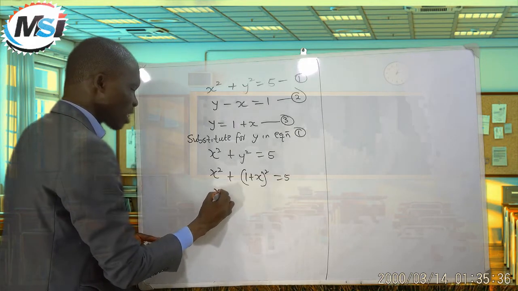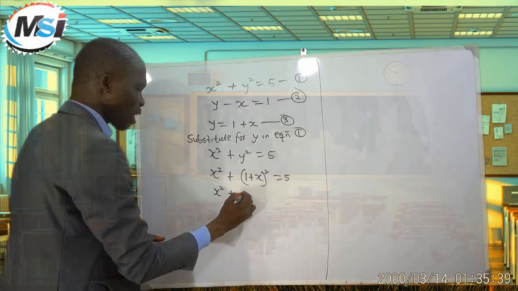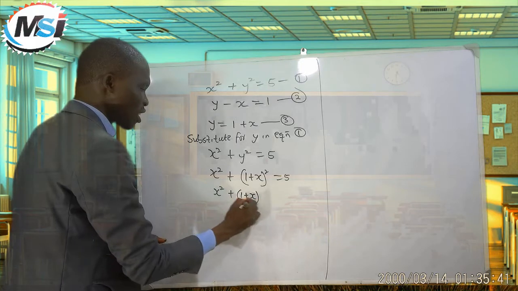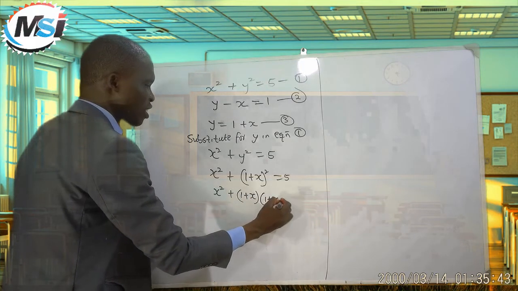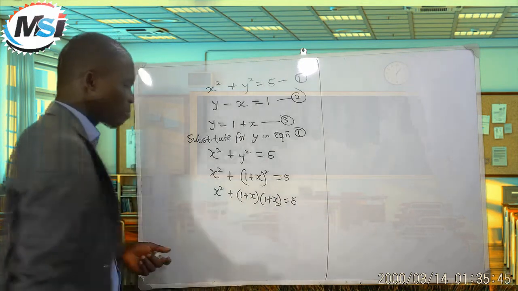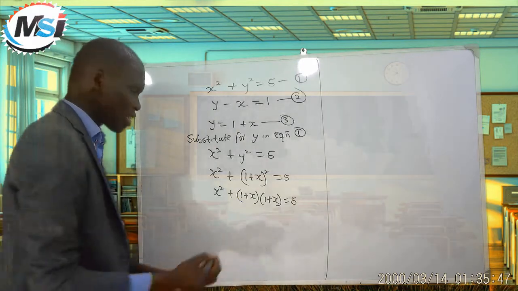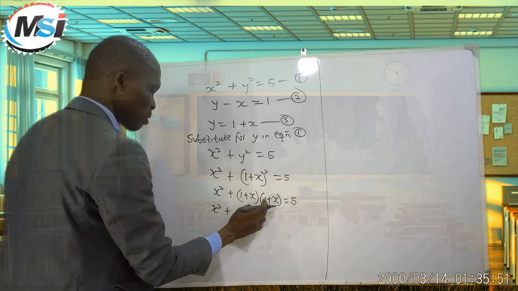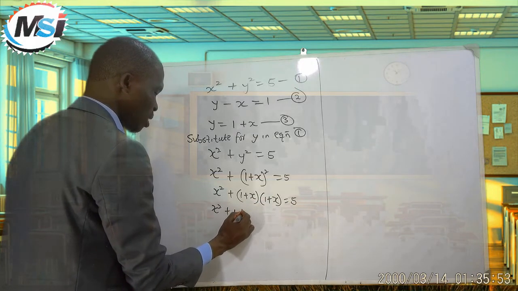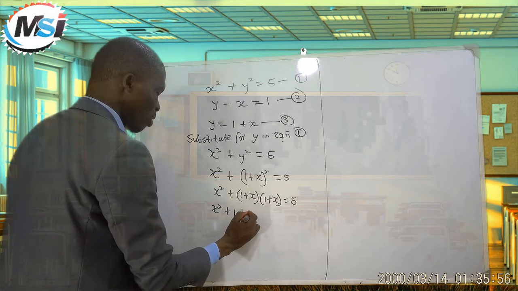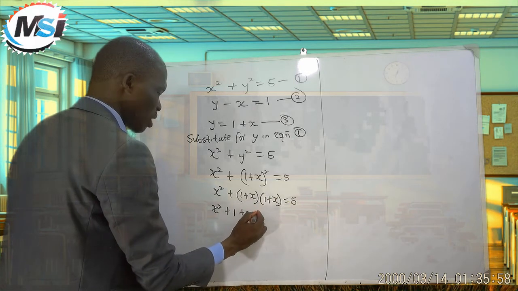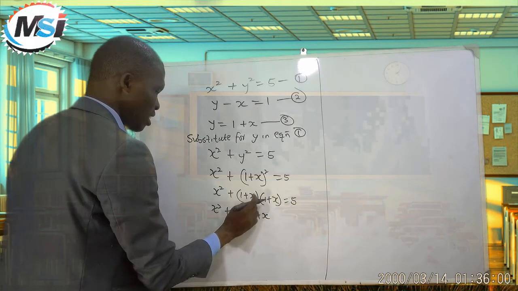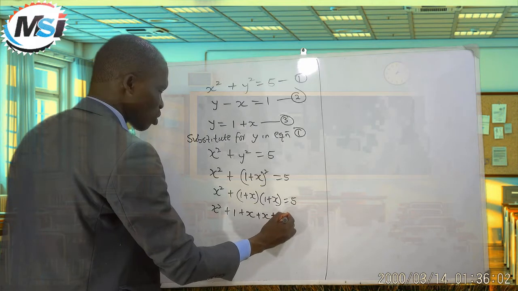This will give us x squared plus (1 plus x) squared equals 5. Now from here you can open the bracket: 1 times 1 will give us 1, 1 times x will give us x, x times 1 will give us x, x times x will give us x squared.